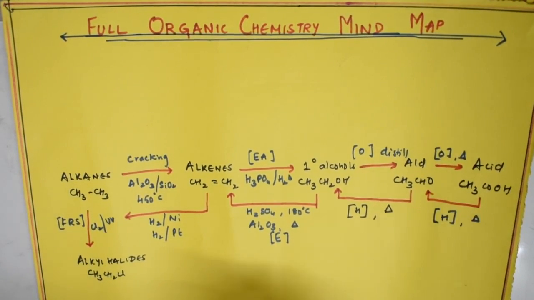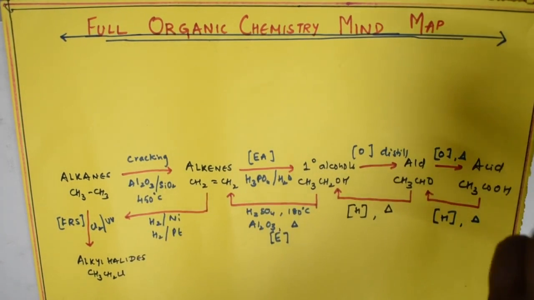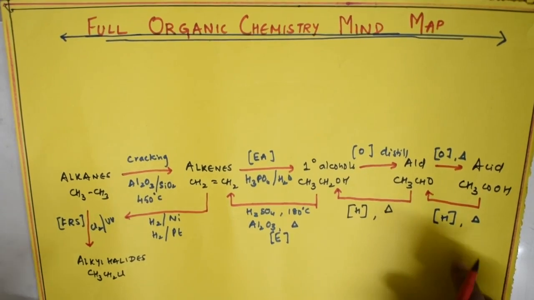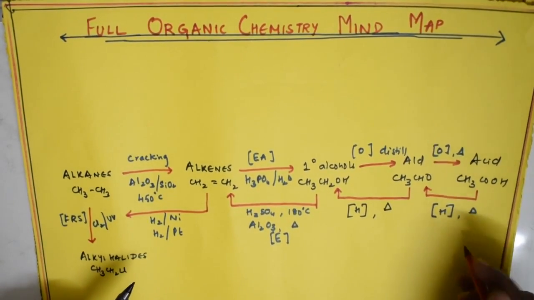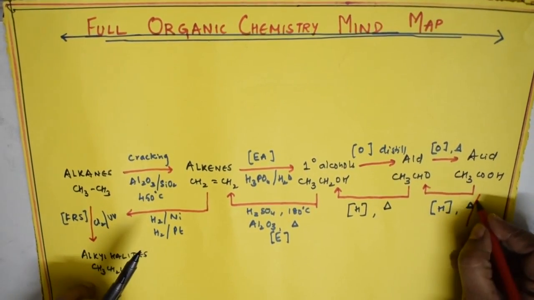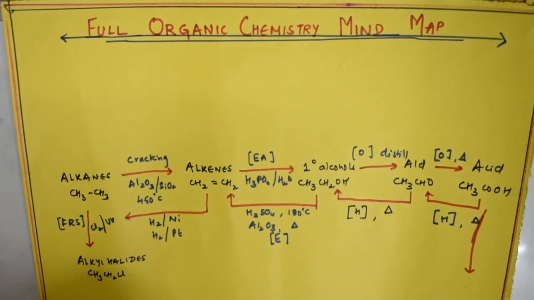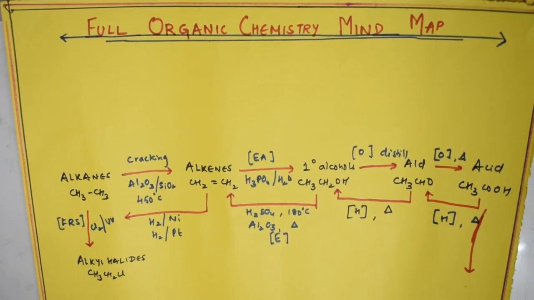Done. This is okay, students? Any doubt? Okay. Now here one more thing. Suppose if you're getting confused, oxidation in the forward direction, reduction in the backward direction, you can remember easily. Further, I can convert this acid into one more compound, that is nothing but acid chloride or acyl chloride.